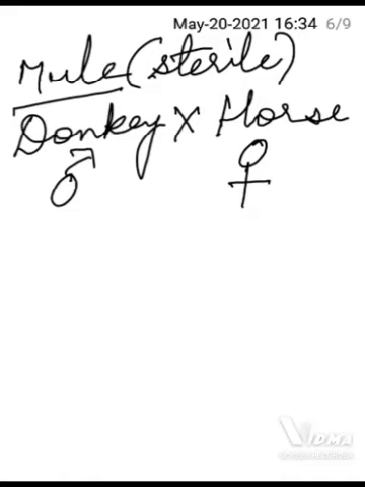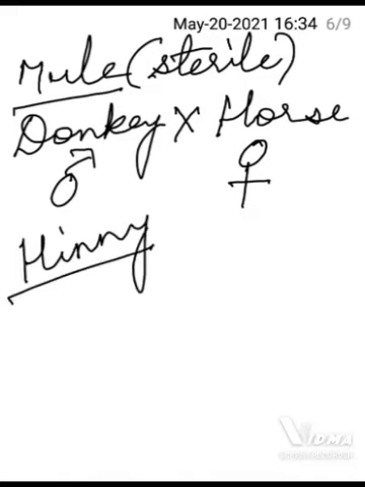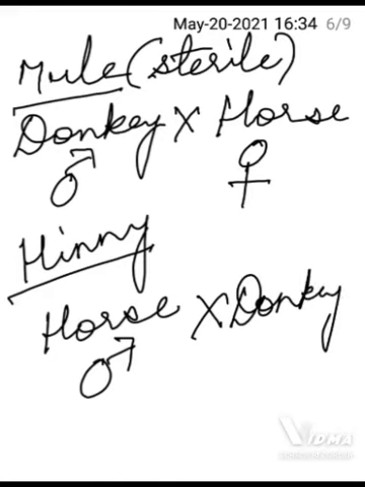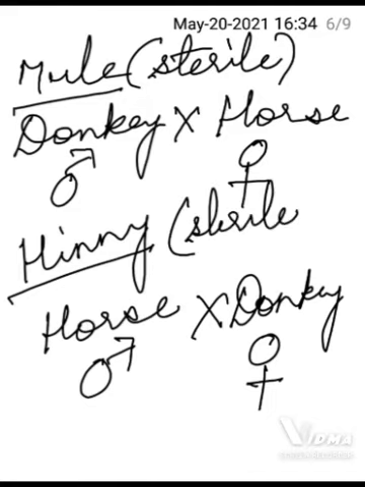Now let's look at another example. Hinny. This is formed by breeding of a male horse and a female donkey. So again, this is done in nature, but again this animal is sterile. They are produced, but then they cannot add their genes to the gene pool.